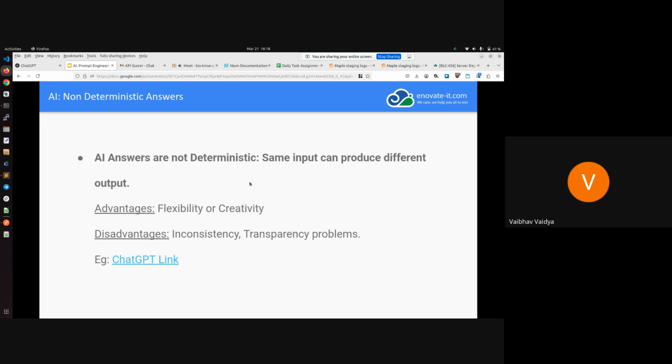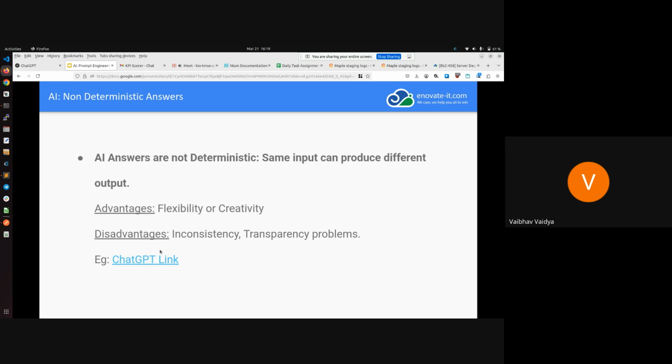But it creates problems for us developers, because we always expect 1 + 1 = 2. Yes, AI will also produce that here, but when there are a lot of factors in this, it creates an inconsistency.